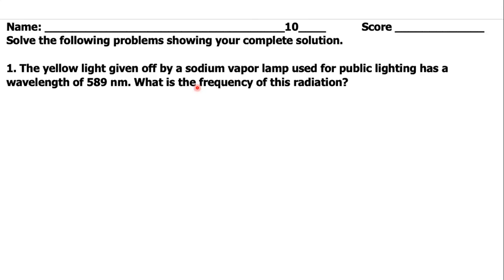So given the problem, allow me to write it down here. Given is wavelength, lambda, equal to 589 nanometers. We're asked here for the frequency. So we're given the wavelength of the radiation and asked to calculate for the frequency.